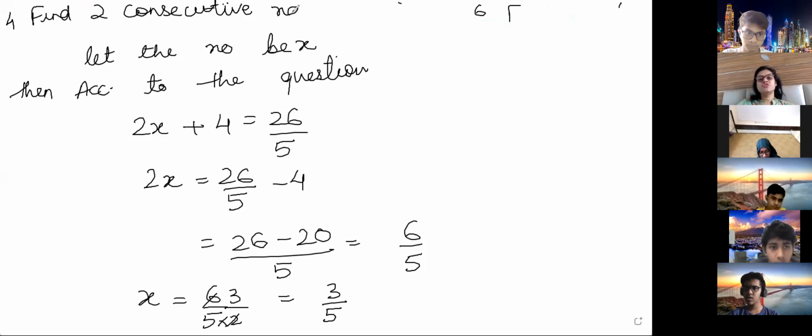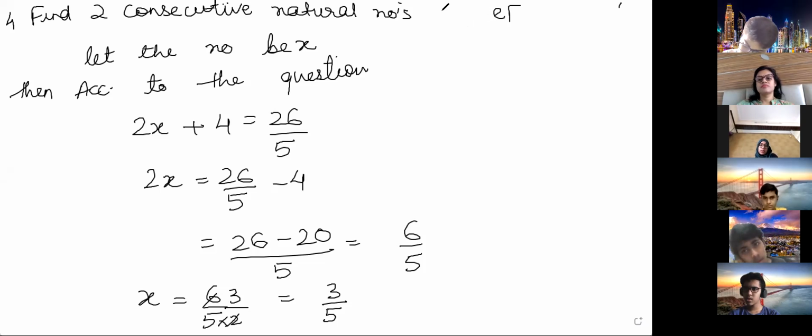Find two consecutive natural numbers whose sum is 63.